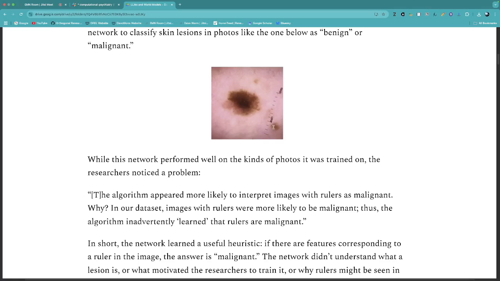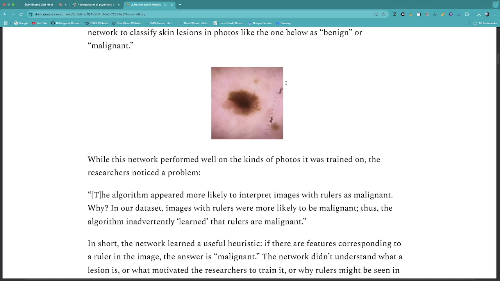So when you have a ruler here, maybe they're putting the ruler there because they notice that it's generally bigger than other lesions, and they want to measure it. And they put it in the image. So this is an artifact of the image acquisition. You're acquiring clinical images. You have the ruler, which is not necessarily relevant to the diagnosis, although it does have some correlation with the diagnosis, simply because of practice.